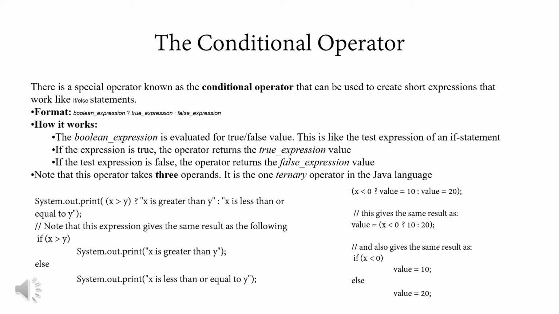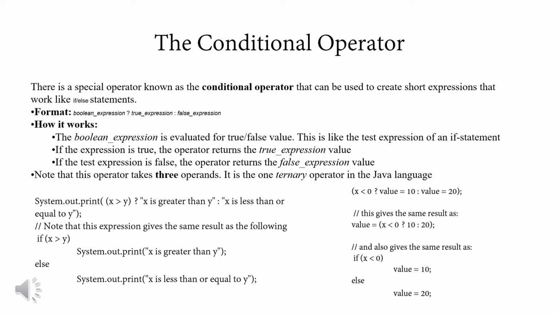But if x isn't greater than y, the output is x is less than or equal to y. It works exactly the same as the if else that we have here. So if x greater than y, System.out.print x is greater than y, else System.out.print x is less than or equal to y.